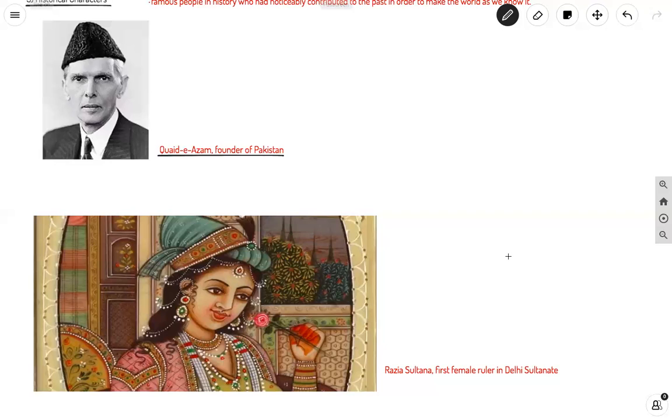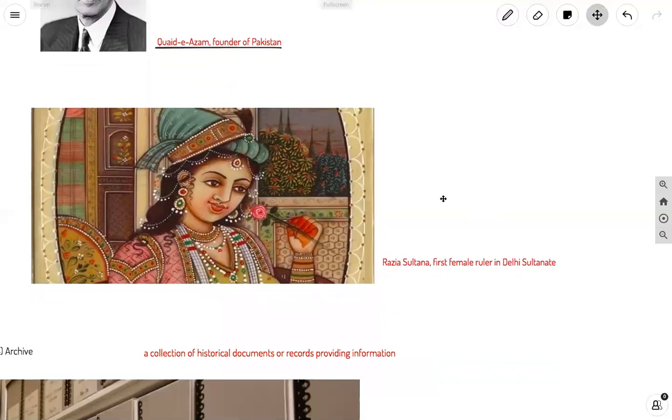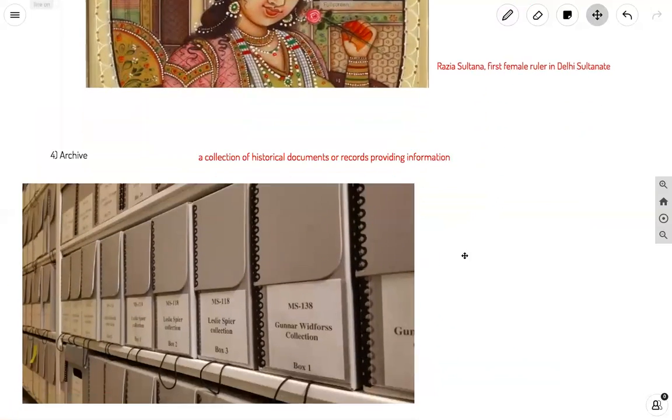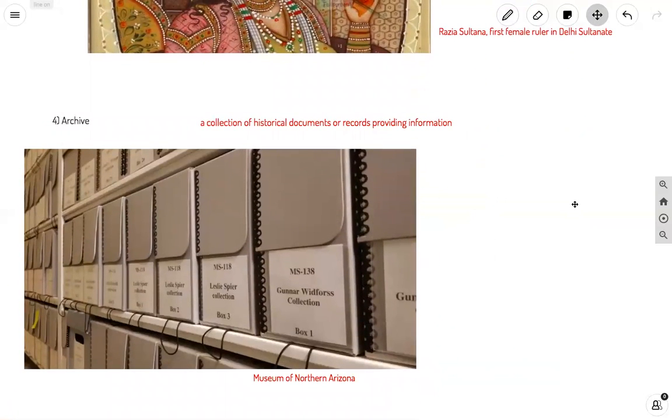So she is a very, very important figure in history who represents female strength. So that's another interesting topic to write about, Razia Sultana.